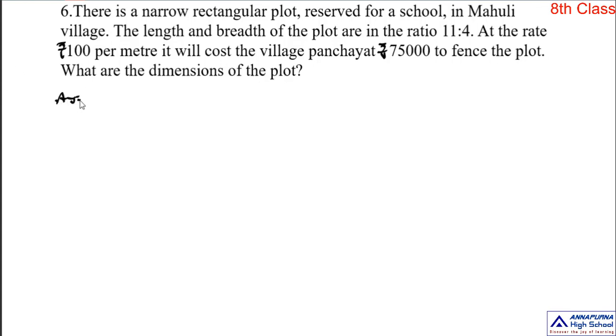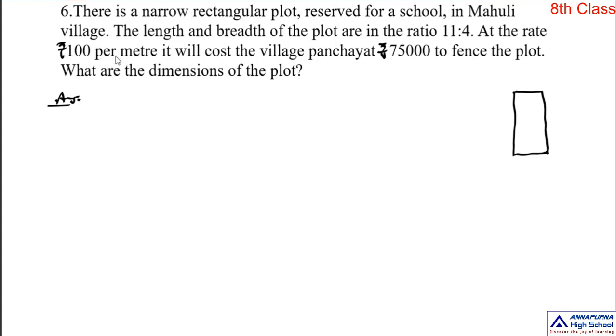So here there is a rectangular plot. This is a rectangular flat. The length and breadth of the plot are in the ratio 11:4. A rectangle has two dimensions, length and breadth, and these two quantities are in the ratio 11:4.